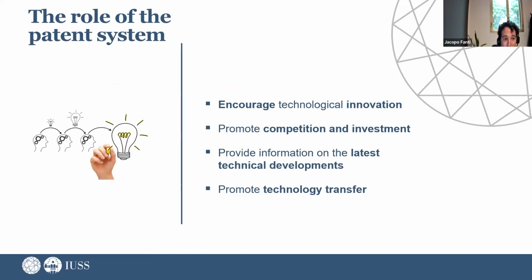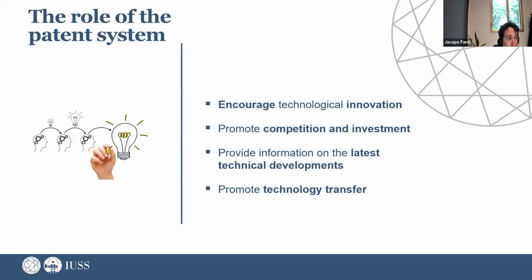So the role of the patent system, we can say, is to encourage technological innovation and promote competition and investment, since the information is available to the wider public, and to provide information, of course, on the latest technical developments that occurred in the society, and then to promote technology transfer.